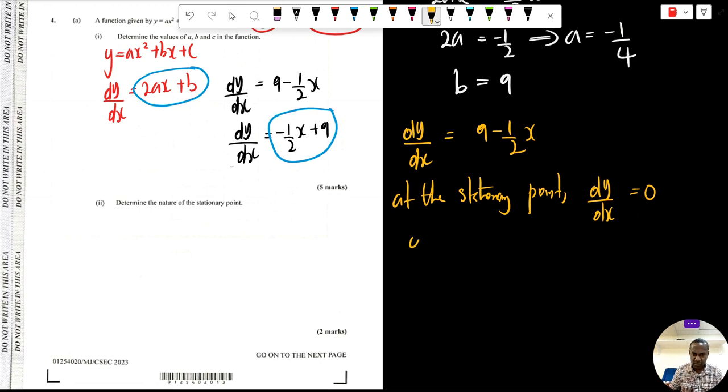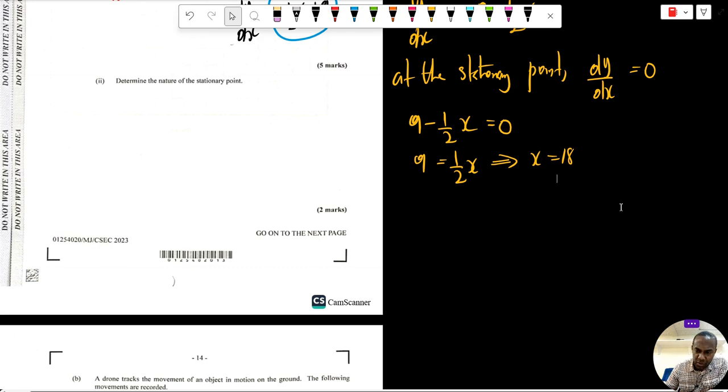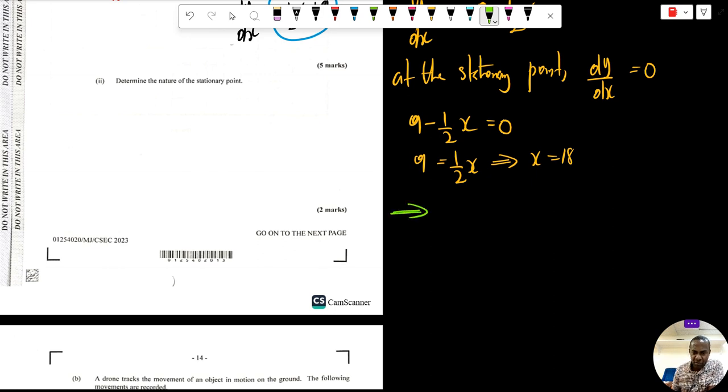So doing this, we get 9 minus a half x is equal to 0. 9 is equal to a half x, and this implies that x is equal to 18, right? This means that the x-coordinate of the stationary point is 18, and since we're told that the stationary value is 5, this further implies that the stationary point is the point (18, 5).